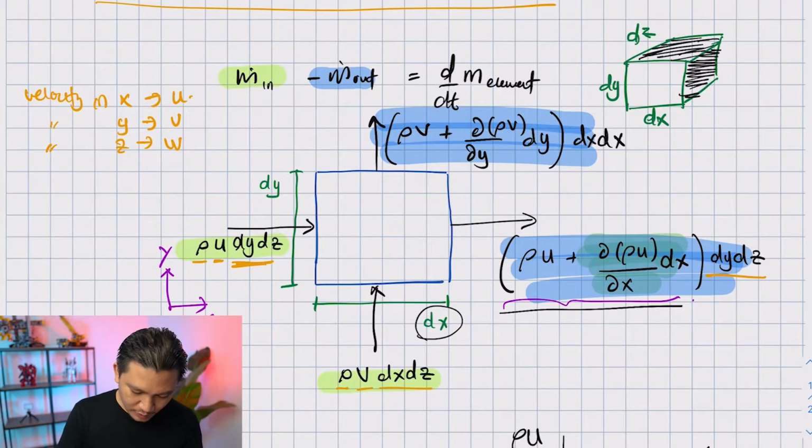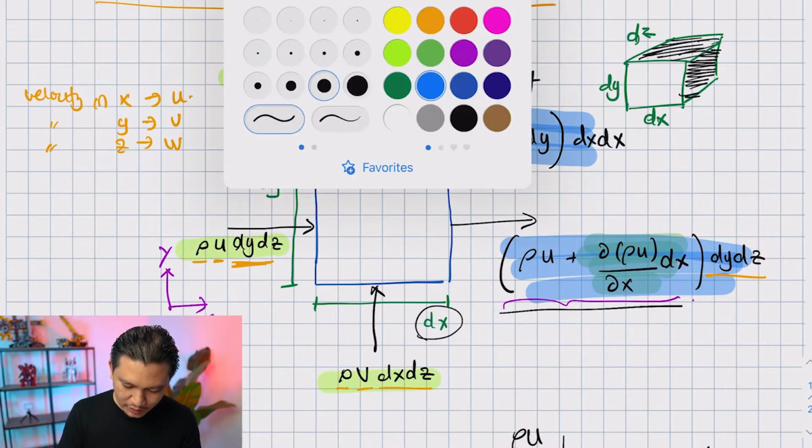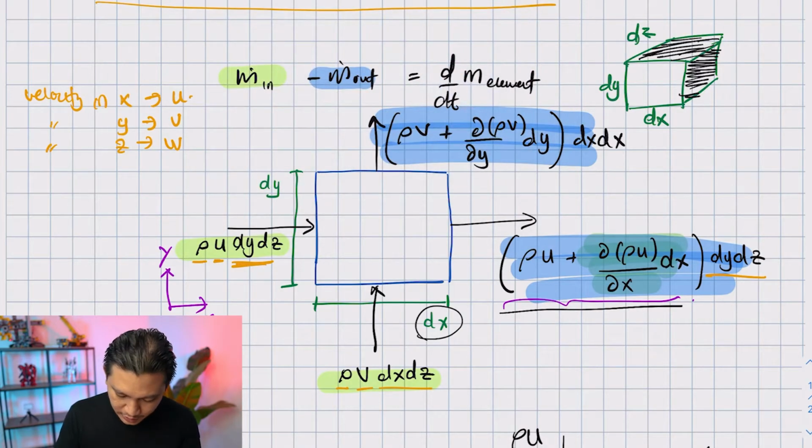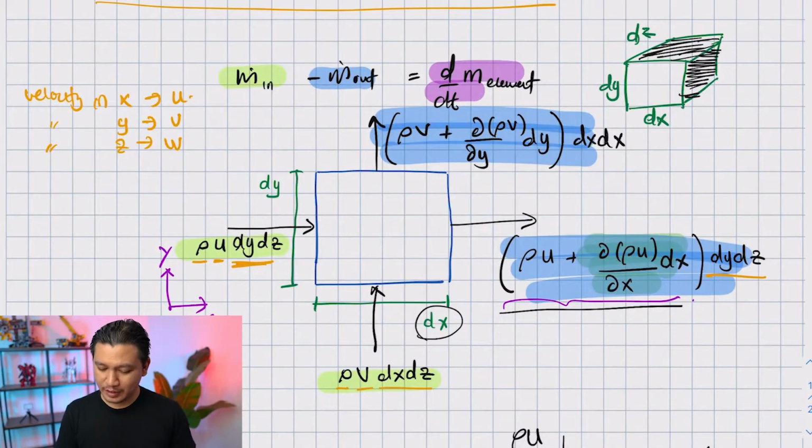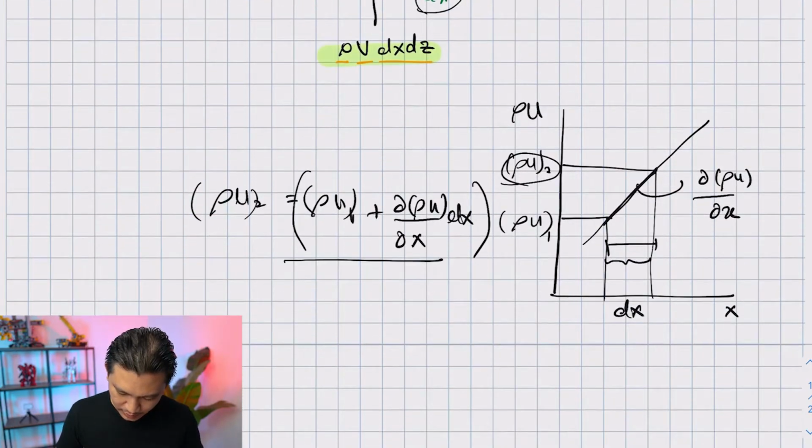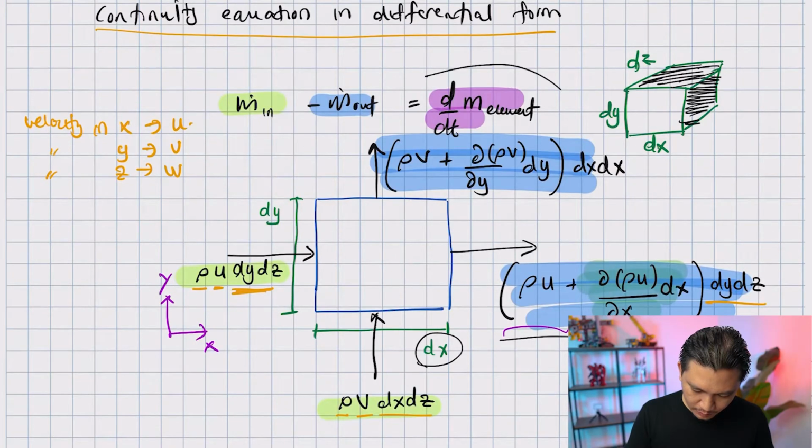But finally, we have one more term that we have not touched yet, which is the change of mass inside that element. And for that final term, I believe that everybody knows that mass is equal to rho times volume. Okay, so let's take a look here. I'm going to copy this element.